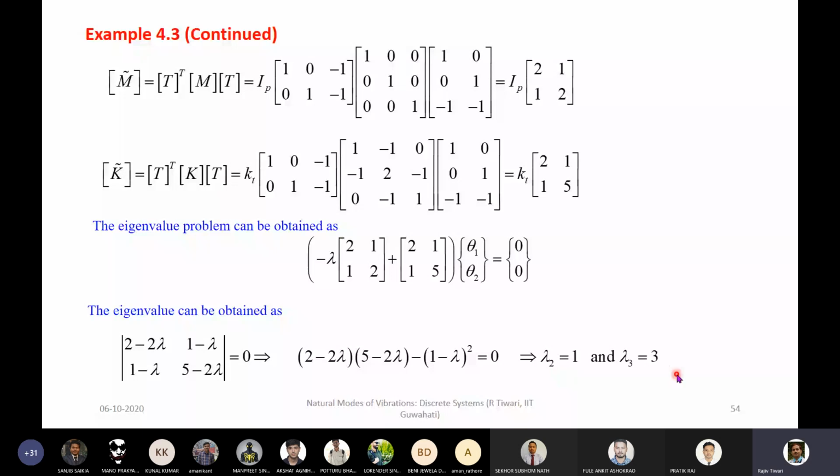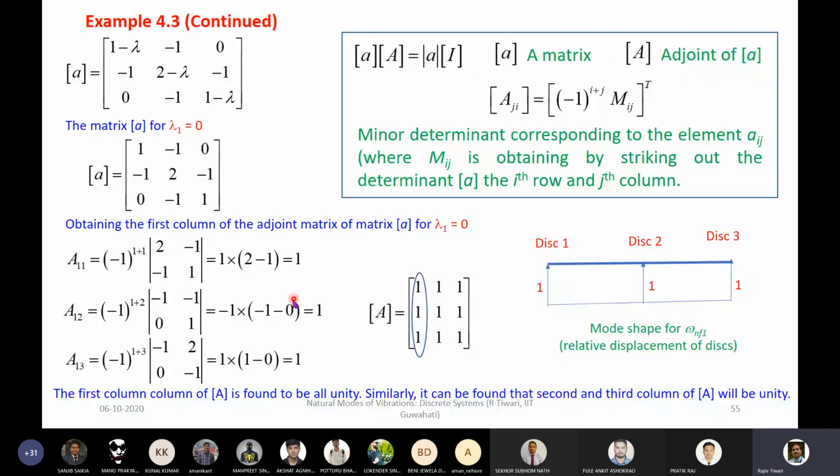Now, okay, so using that adjoint matrix, how we are able to get the eigenvector, I will explain. So here, this is the eigenvalue problem matrix.